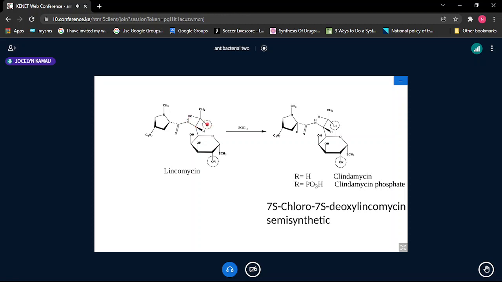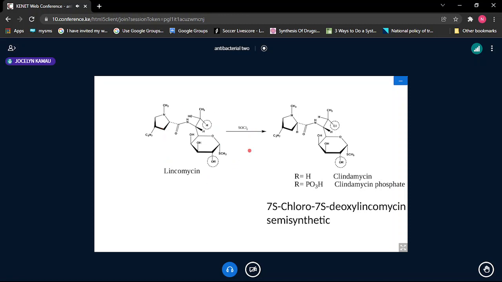So indeed, it's an amino sugar also. What has happened is that this group here, which is a carboxylic derivative, has condensed with this amino sugar to form a peptide bond, and that is the molecule that we're calling lincomycin.